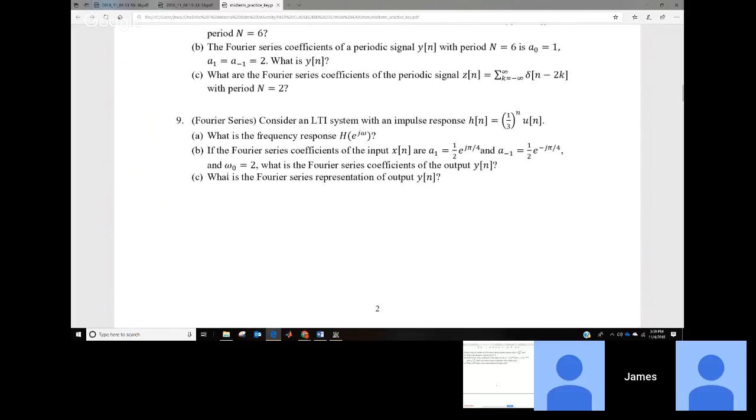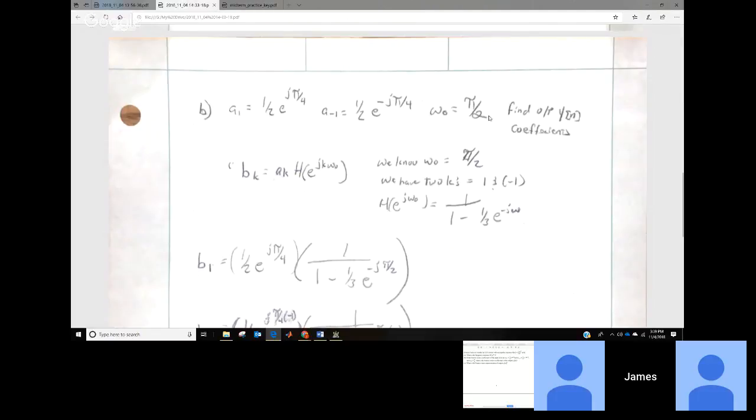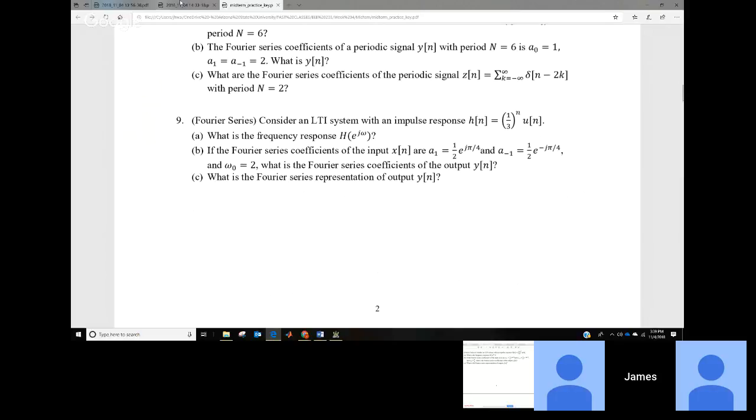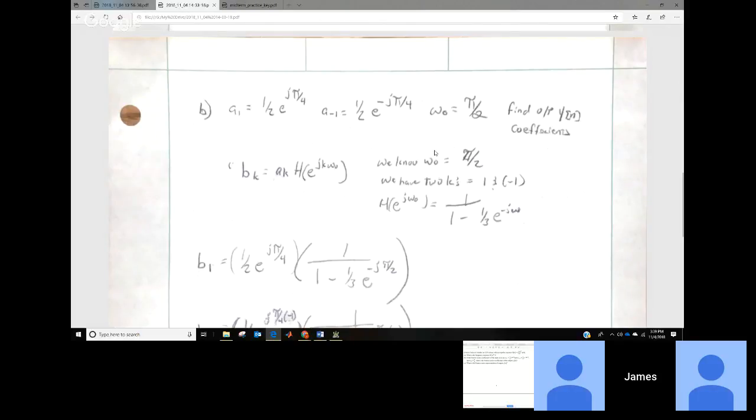I thought omega naught was 2. Anyway, because the key is written like omega naught is 2 or pi half, I think she meant to give a fundamental period of 2. Anyway, I'm sorry. Moving on.